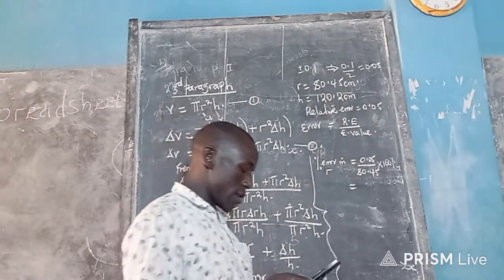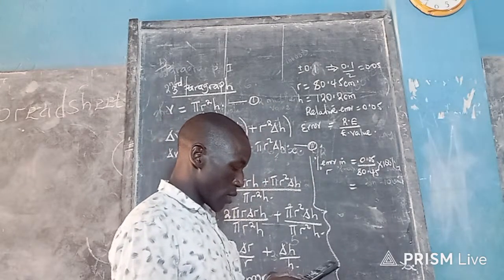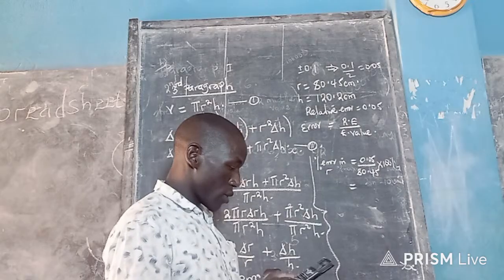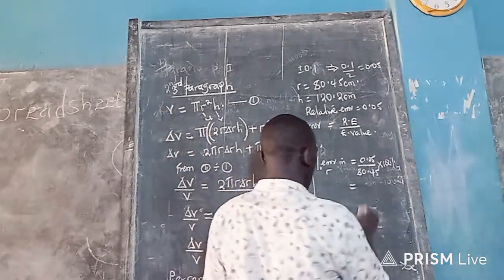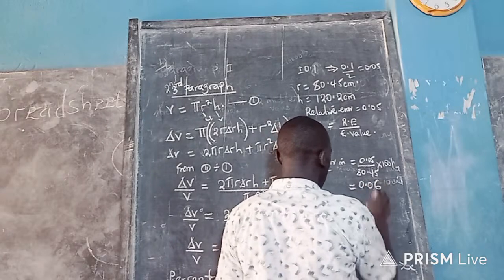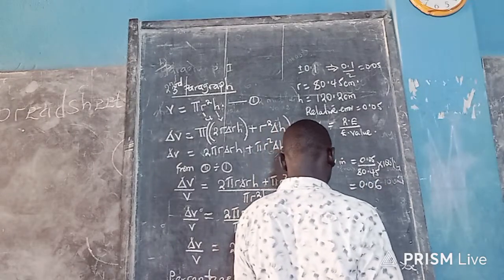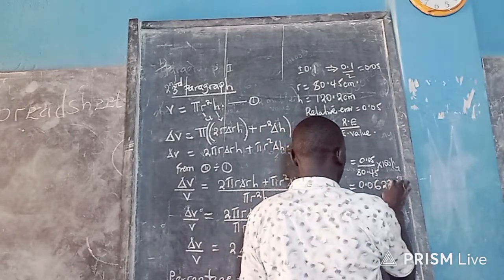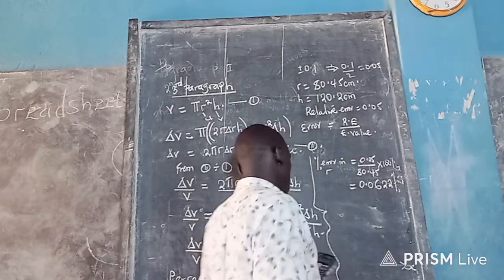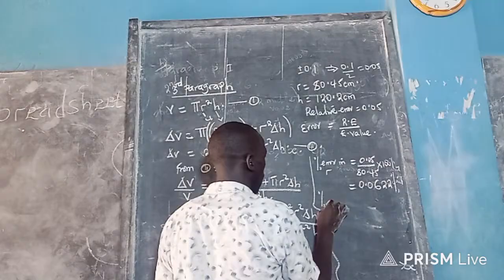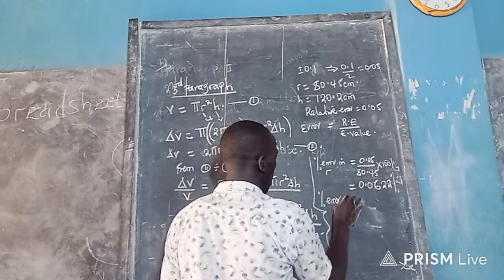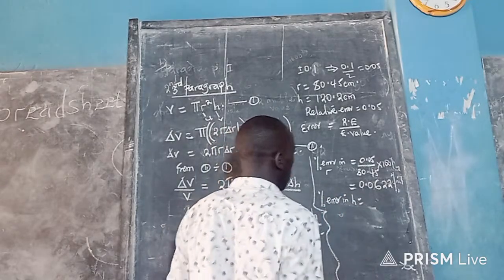So this will give us 0.05 divided by 8.45 times 100. Here we are getting 0.0622%. Then I also get the percentage error in the height.